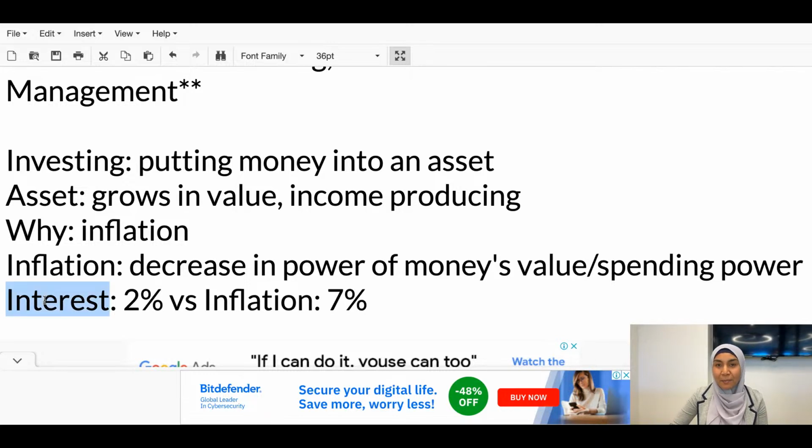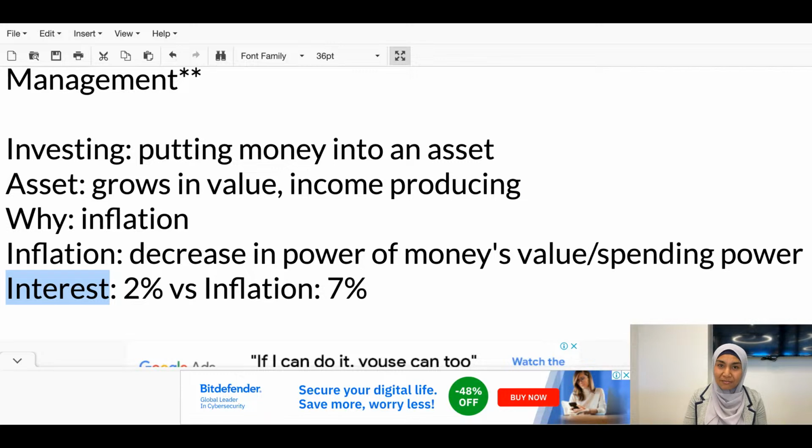So we're making money by keeping our cash in the bank, and the bank is giving us 2%. That means on $100, after a year, I now have $102. But inflation is eating our money, and by the end of the year, the spending power of our money is 7% less.